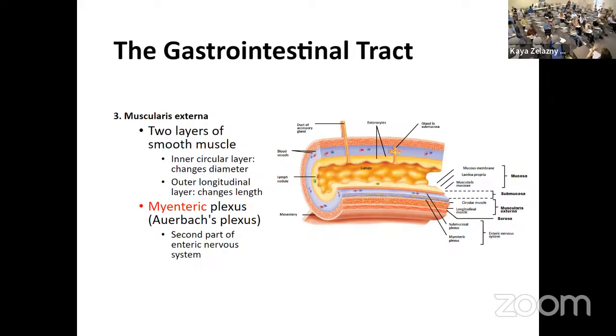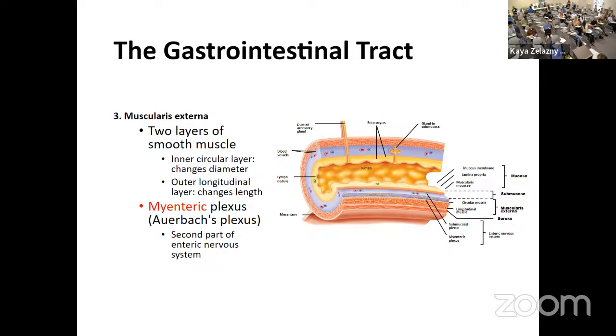So it changes its diameter, its radius, making things narrower and wider. And the outer longitudinal layer is going to change the length of the tube. So it's actually going to stretch longer and contract shorter.